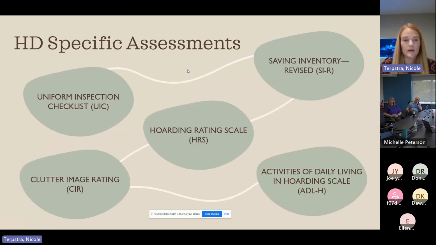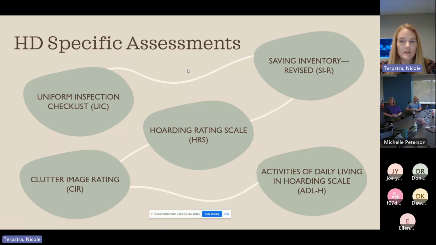All right, so again, with these, I think I'm going to just read through, and if we have more questions later, we can come back. These are assessments that you can use with patients. So the first one here, uniform inspection checklist, that actually correlates to what I discussed earlier.